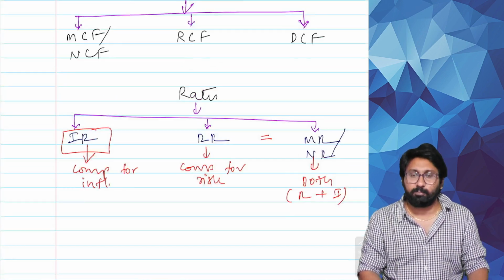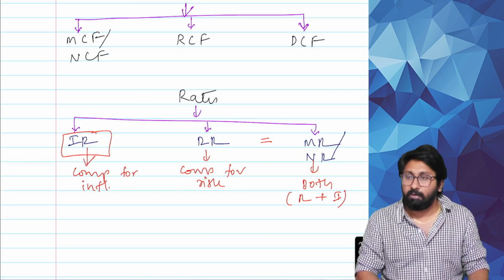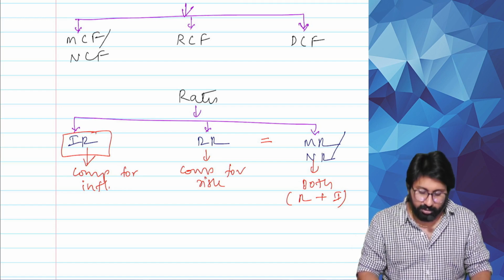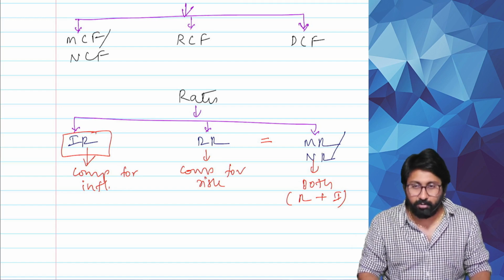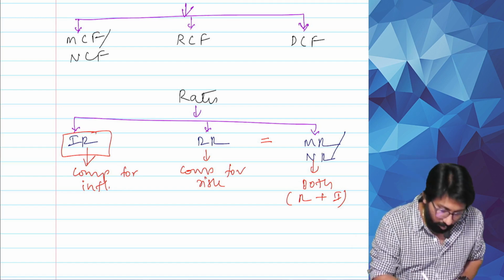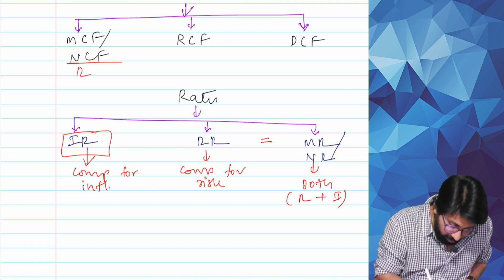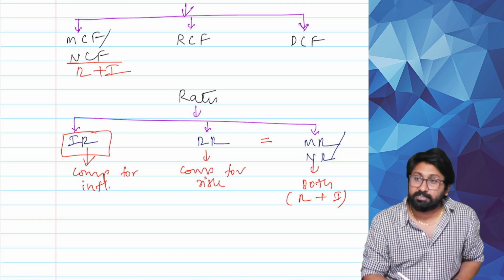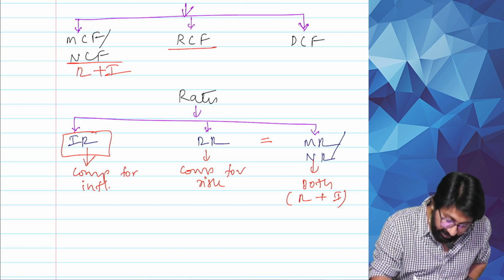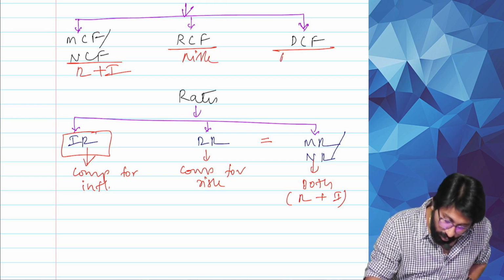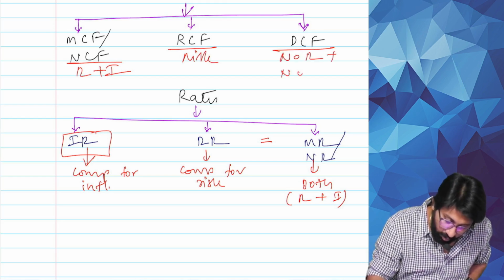Tell me one more time, one last time actually, what are the three cash flows? Money cash flow, real cash flow, discounted cash flow. Okay. What is a money cash flow? This contains both risk and inflation. This contains only risk. This is no risk, no inflation.